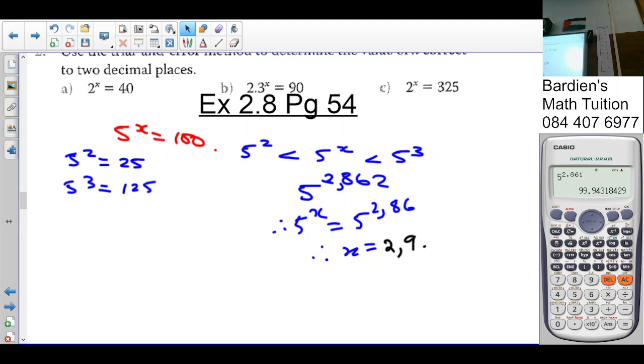Not so. So if I put in the calculator 5 to the exponent 2.9, see that's 106, which is just over. So I think 2.8 would have been better.